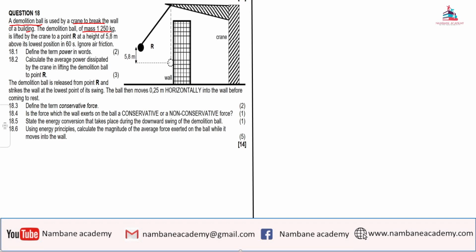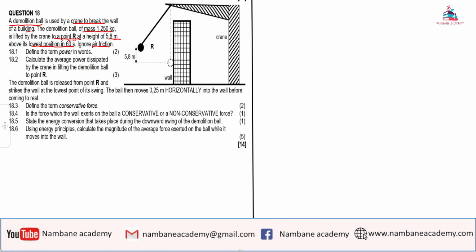The demolition ball has a mass of 1250 kg, lifted at point R at a height of 5,8 m above its lowest point, in 60 seconds. Ignore air friction. Very, very important: ignore air friction.